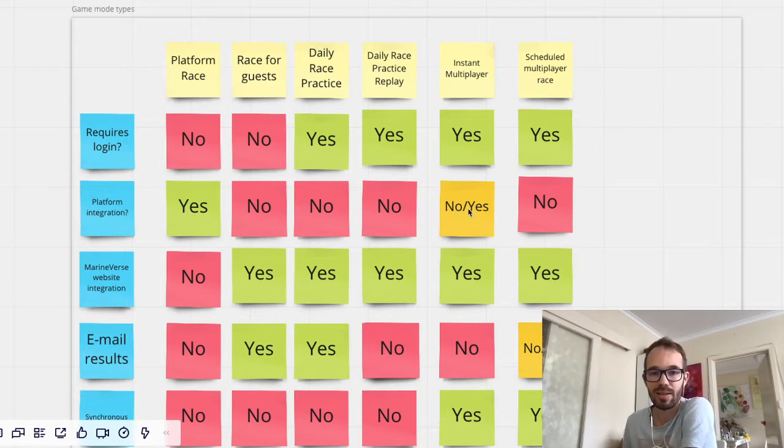There is a special case here for instant multiplayer. That integration doesn't exist yet, but basically what we want to do is to enable you to invite your friends from the platform into the specific instant race, and that will be a bit of the integration with it.